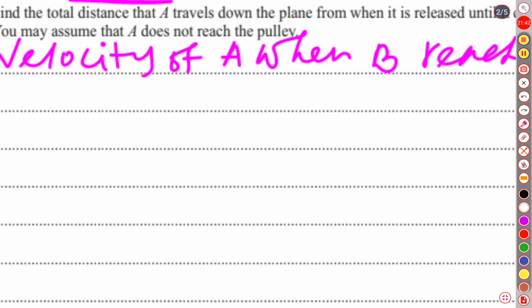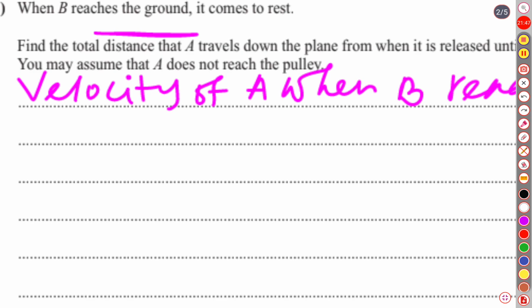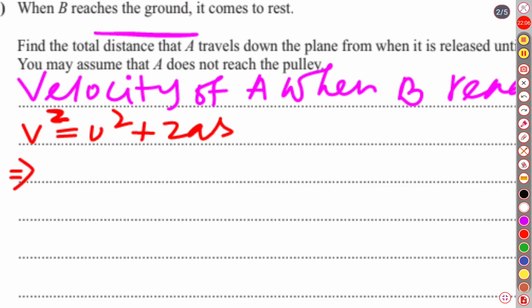So final velocity is to be obtained, isn't it?